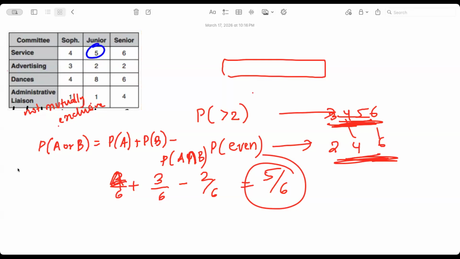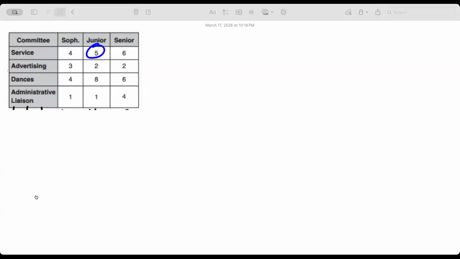How about this? There's a table given, right? What is the probability that a person on a student council committee is a junior or on the service committee? So what are we asking? Probability of a junior or on service committee.